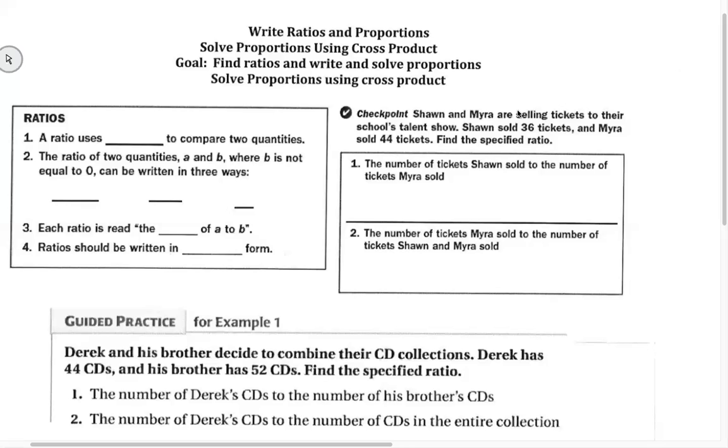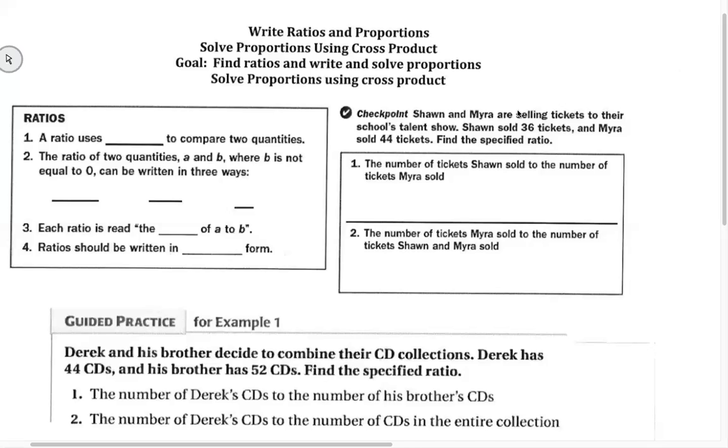Yeah, what is that called? Rate of speed. So a rate of speed is a rate. Okay, it's kind of like a ratio.